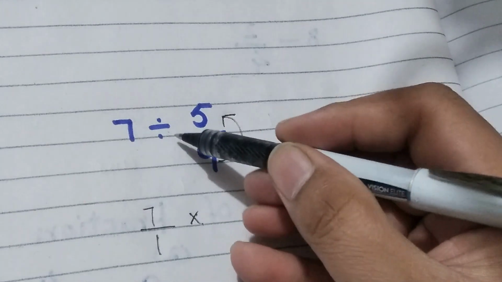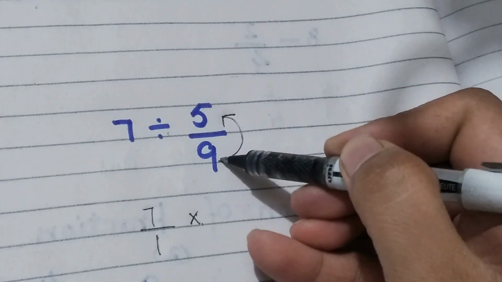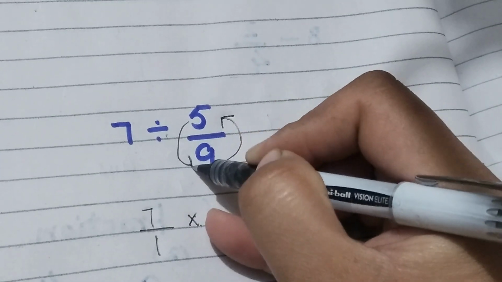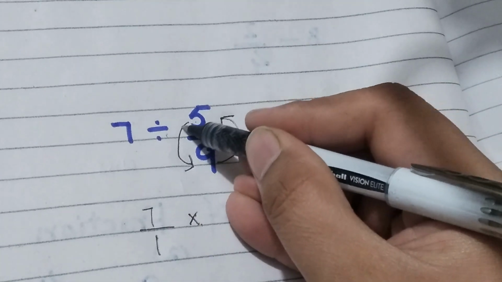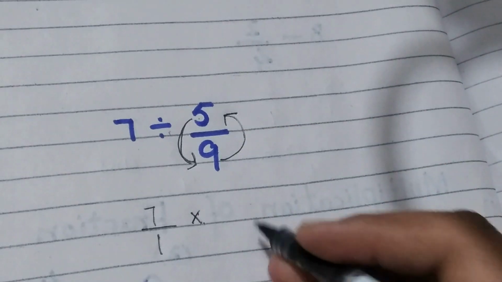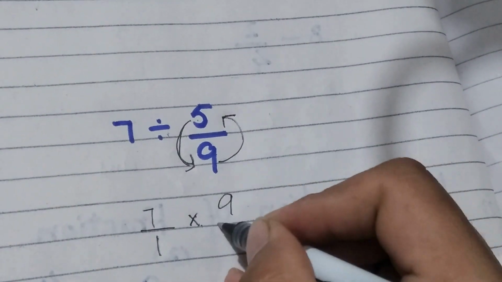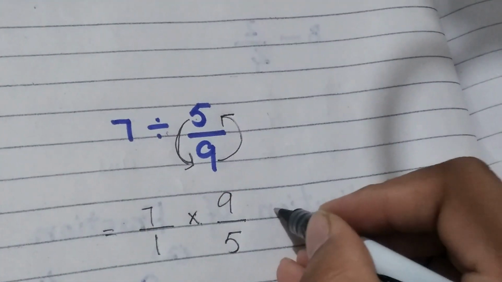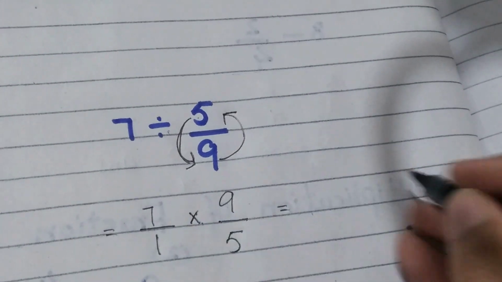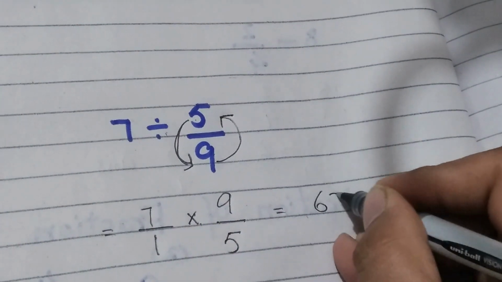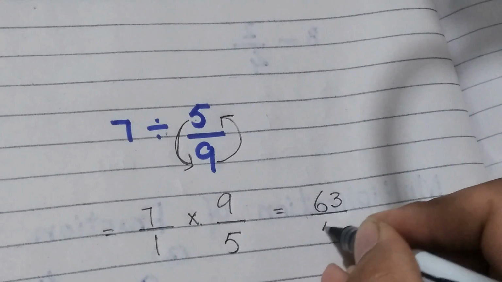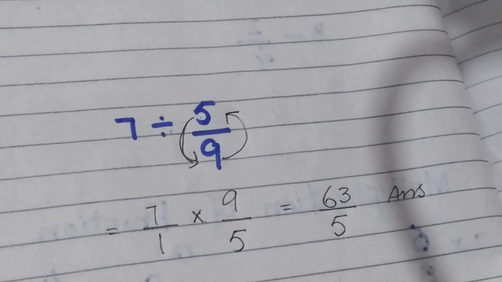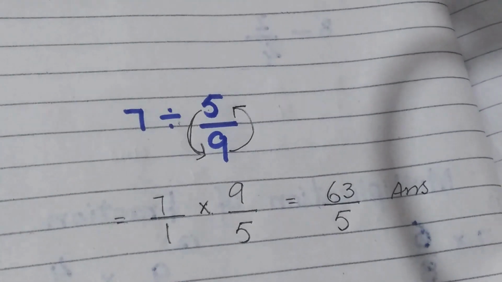The denominator will turn into the numerator and the numerator converts into the denominator. Here we will write 9 by 5. So now we will multiply 7 multiplied by 9, 63, over 5 multiplied by 1, 5. It's our answer. So you understand how simple it is.